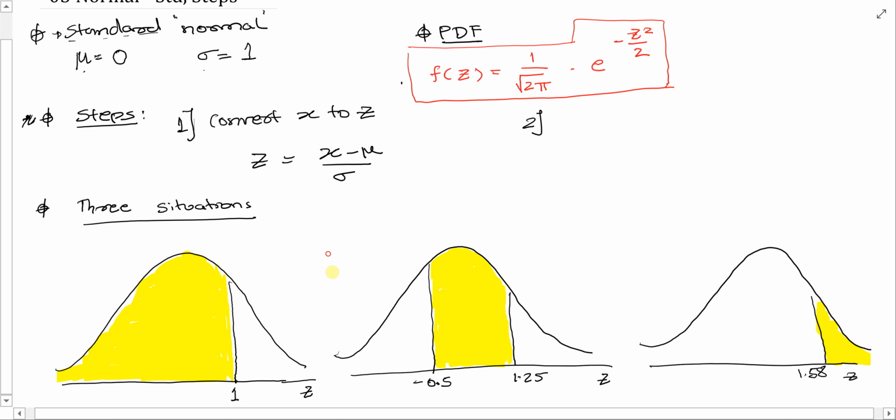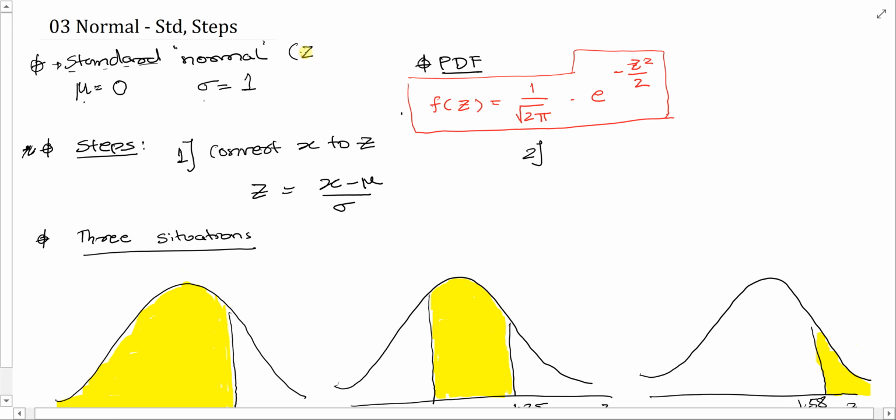I will use the letter z to denote the standard normal distribution. And this z score is nothing but you take the value of x, take away its mean. So when you take x minus mu, you are centering it, and then you divide by the standard deviation of this x random variable, and that will give you the standardized value of each of the x's.